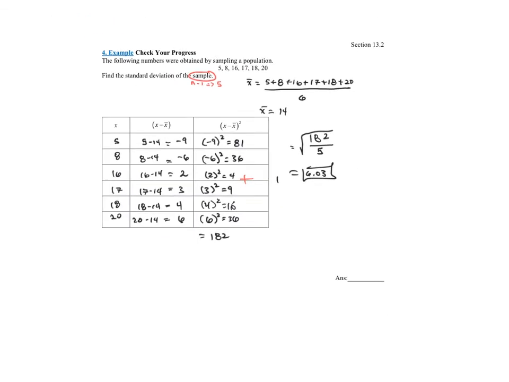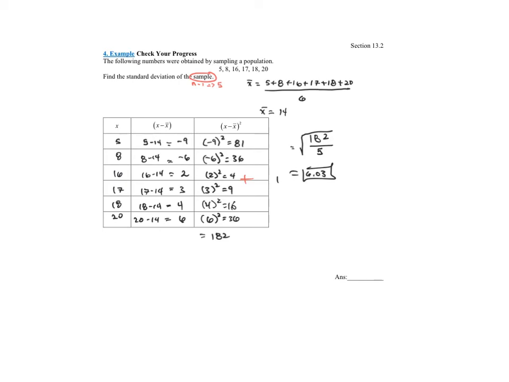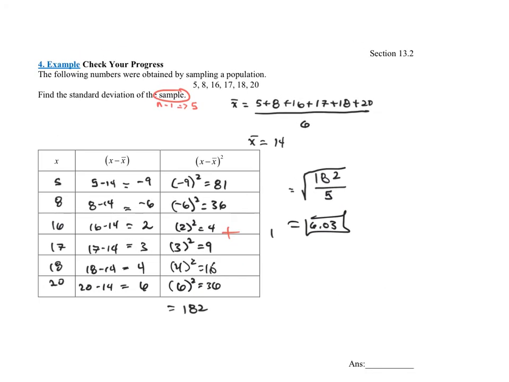Again, I want you to have context. You calculated the standard deviation for this, but what the heck does this actually mean? Well, if you're a visual person like I am, a visual learner, what I like to do is actually see what the heck we're talking about here. So what we're saying is if the mean of this data is 14, what we want to do is add and subtract that standard deviation from the mean.